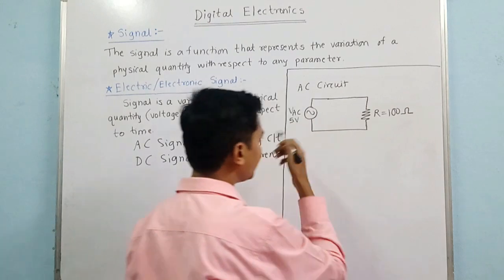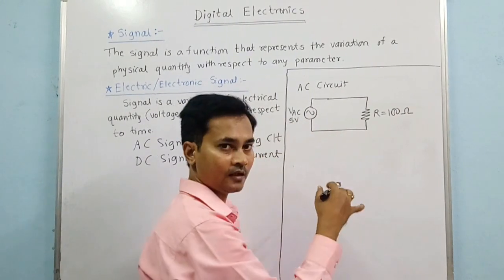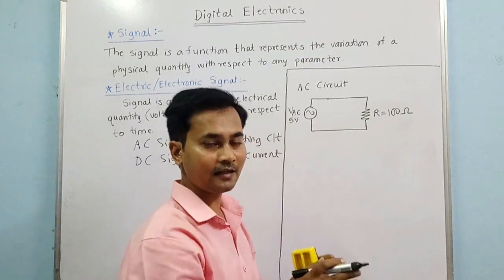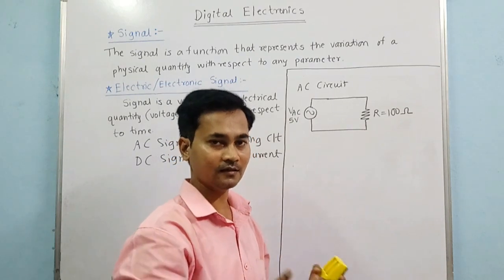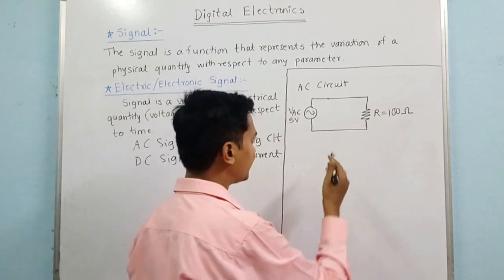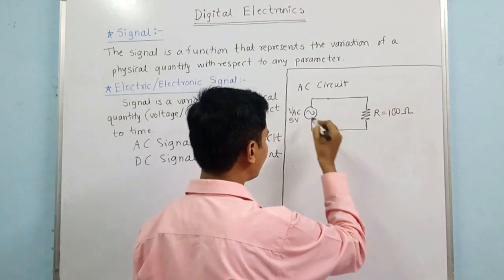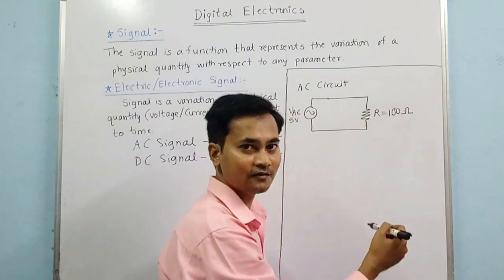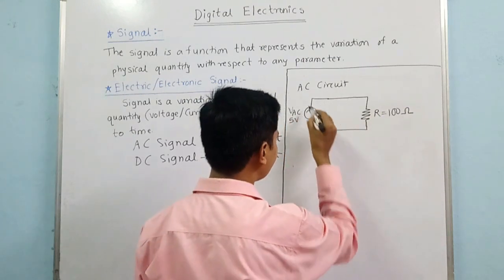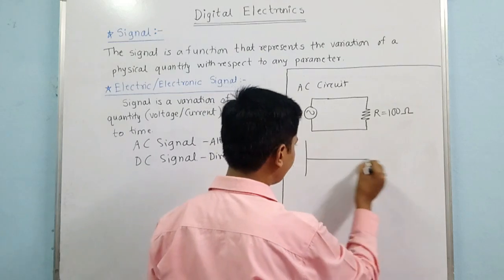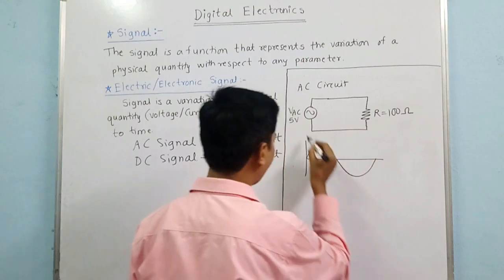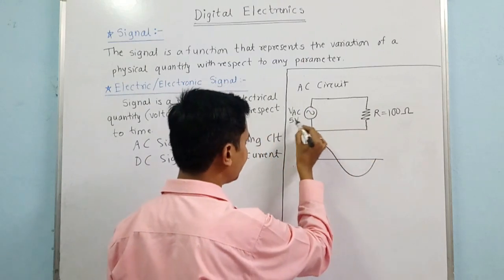The AC source has alternating current. Alternating means what? Alter means change. So what is going to change actually? The current direction through this resistor is going to change. Consider that this is your AC signal, and the amplitude of this AC signal is 5 volt.